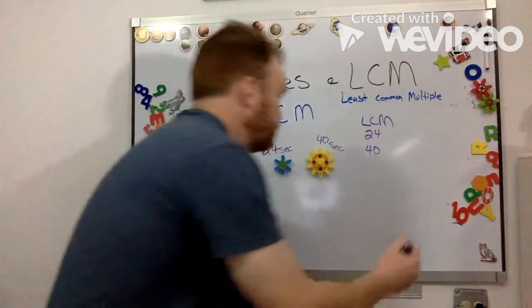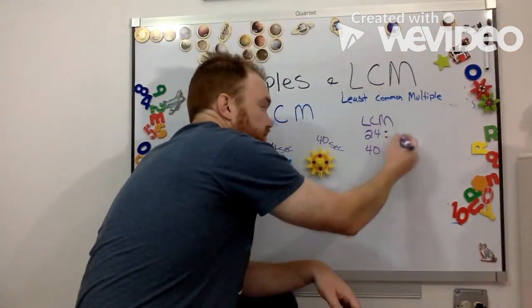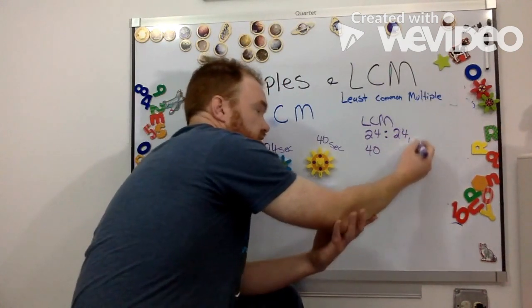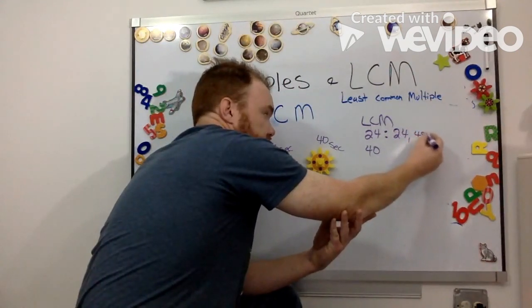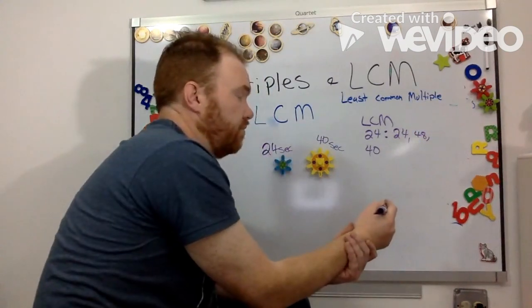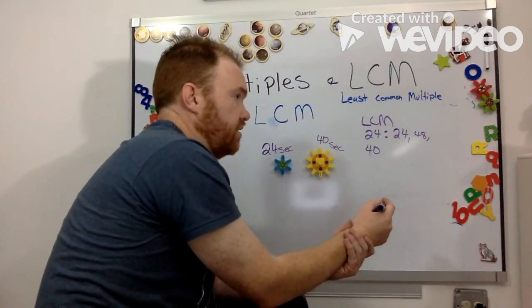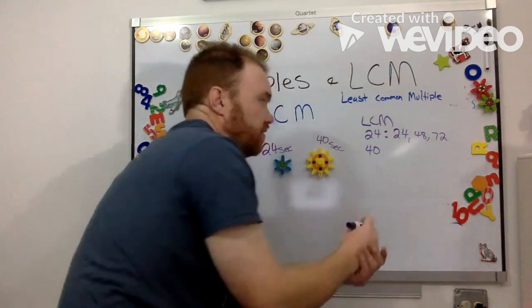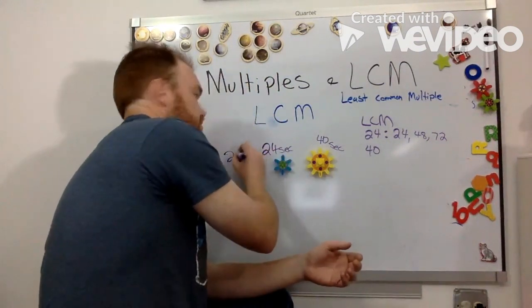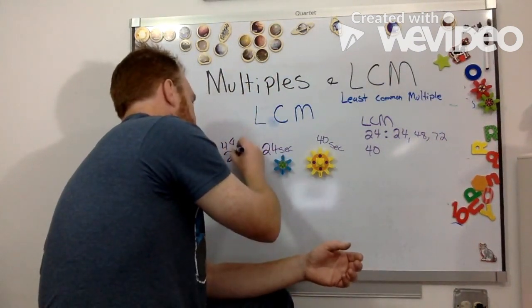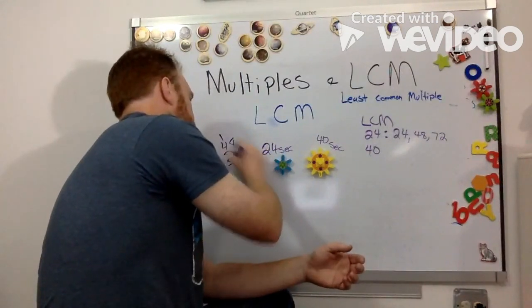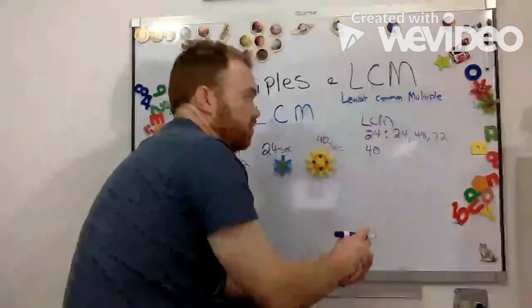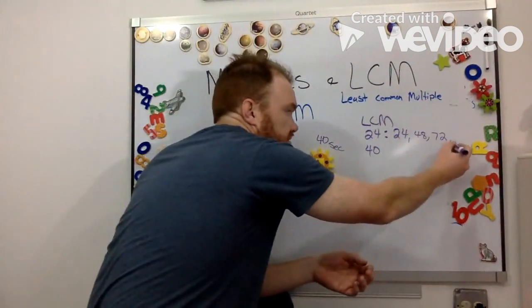Okay, let me see. When I have 24, plus 24 is 48. Plus 24 is 72. Let me just make sure. 48, 72. And then another 24 is going to be 96.